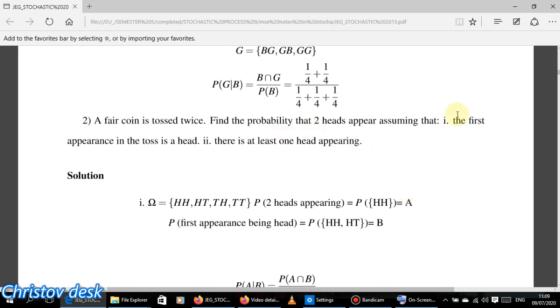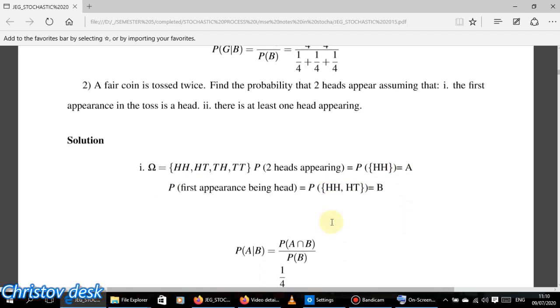Then the given, which says that the first appearance in the toss is a head. The first appearance being a head is HH and HT, and that is B. So you are looking for the probability of A given that B has happened, which is the intersection over the probability of B. The intersection of this and that is HH.